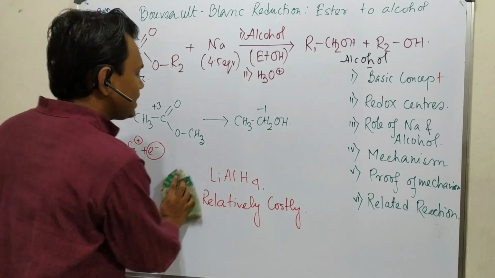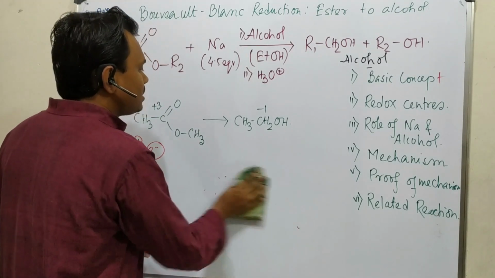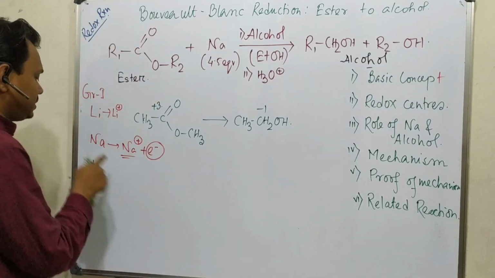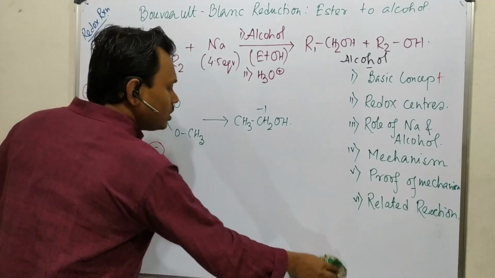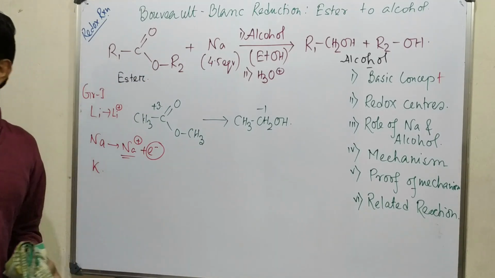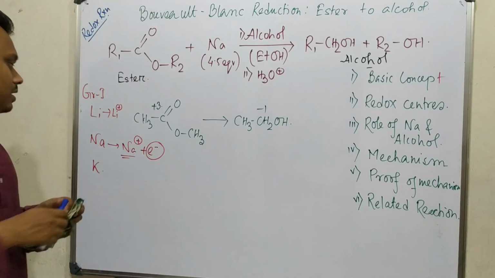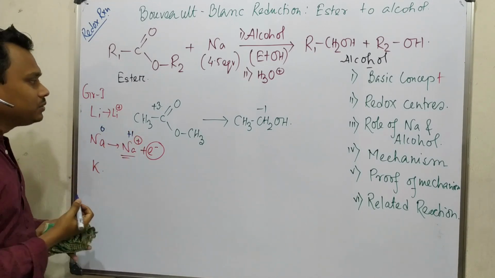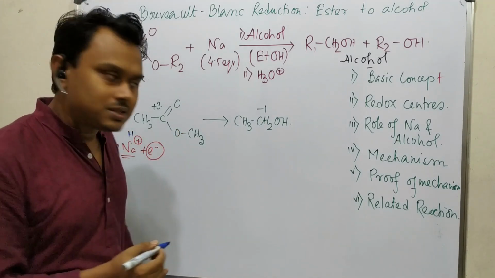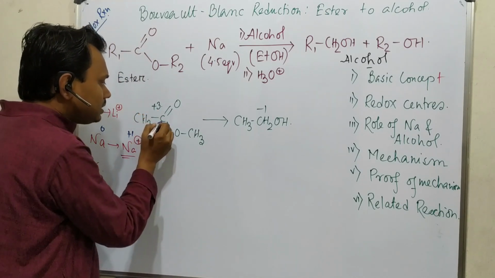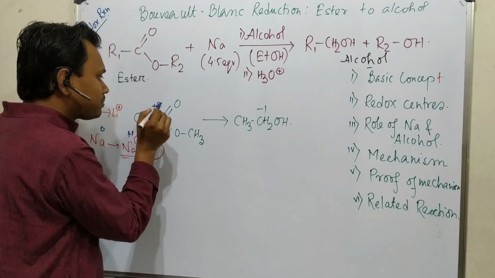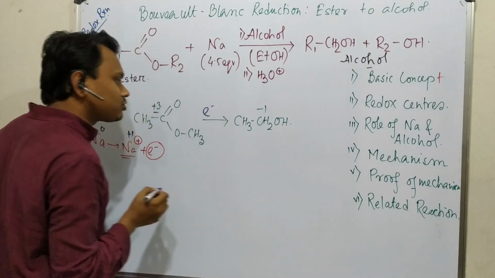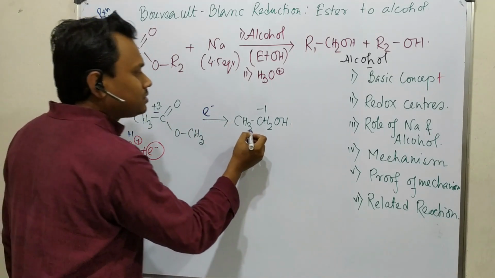Now when we say this is a redox reaction, you will ask: fine, sodium is getting oxidized, sodium 0 to sodium plus 1. Who is getting reduced? This carboxylic ester. How is it reduced? If you see here, this carboxyl carbon is in the plus 3 oxidation state, and after reduction in the presence of electrons coming from sodium, it is reduced to -1.